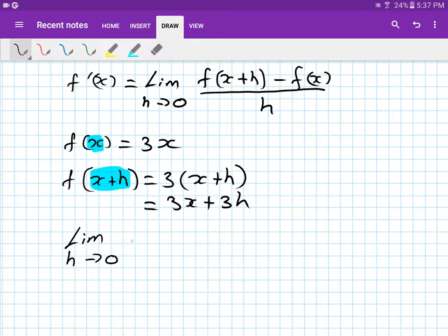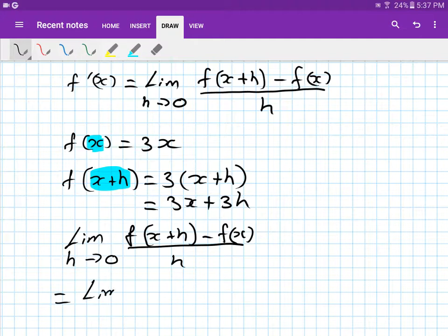f(x+h) minus f(x) all over h is the same as the limit as h approaches 0 of 3x plus 3h minus f(x), which is 3x, all over h.